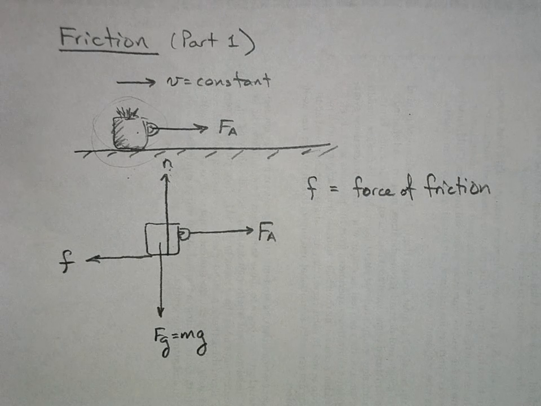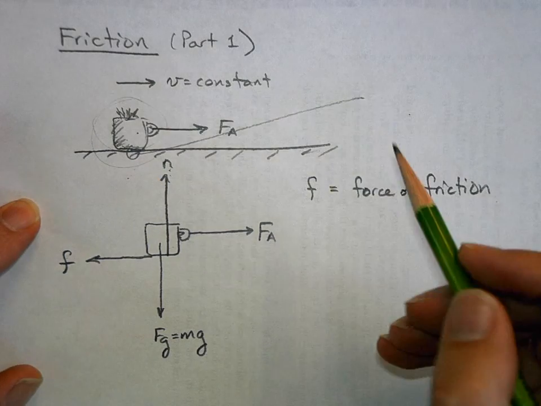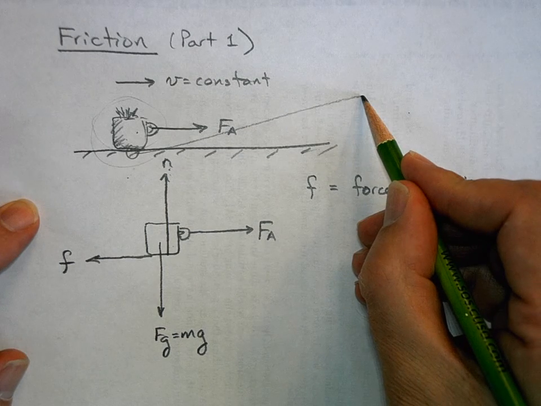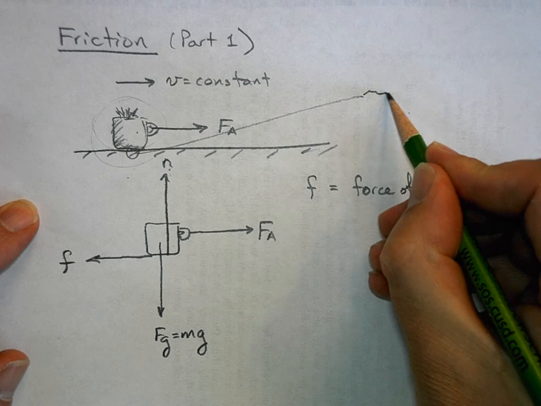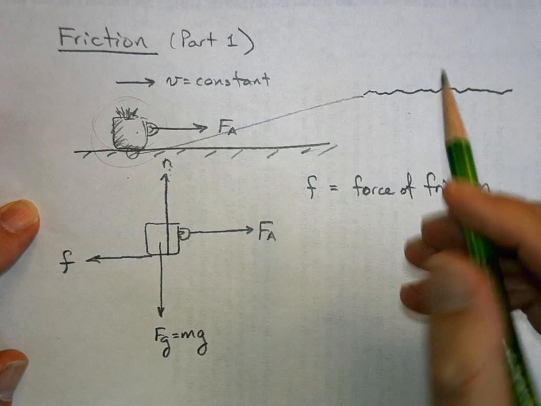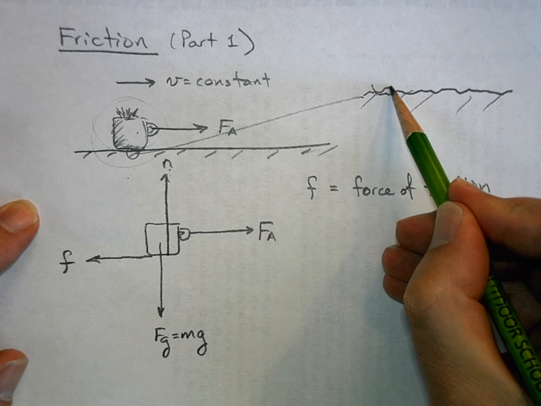Now, what is friction? Well, if you were to blow this up and look at it under a super microscope, the surface of the table would not be perfectly smooth. It would be kind of rough, and so here's the surface of the table. And then the surface of the coffee mug would also be kind of rough.